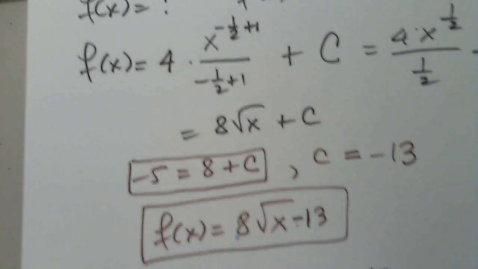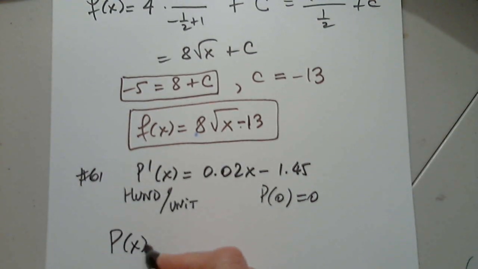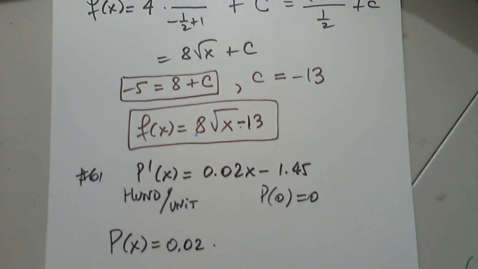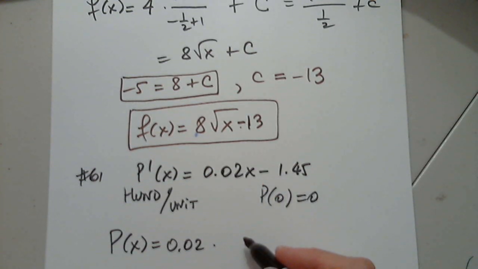So we have P prime. The notation is find P of x. I will copy the constant. And now I'm asking myself, what function prime is x? What do I write? Anyone, please give it a try.